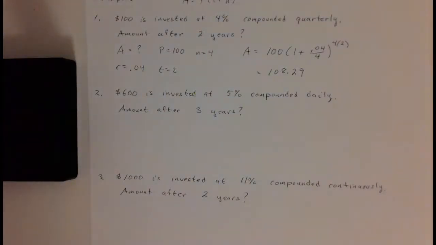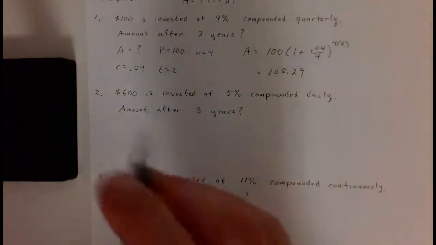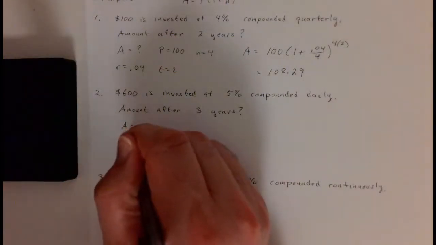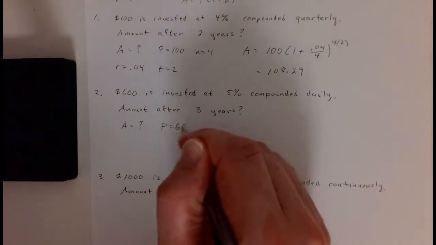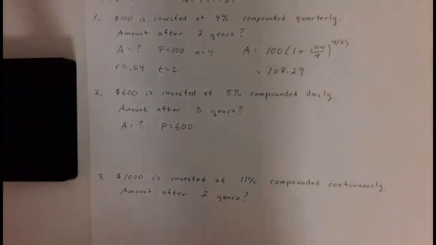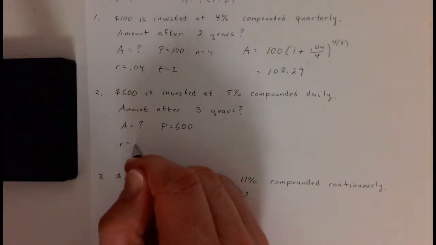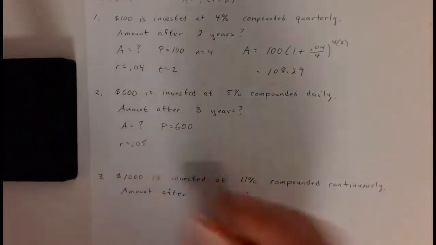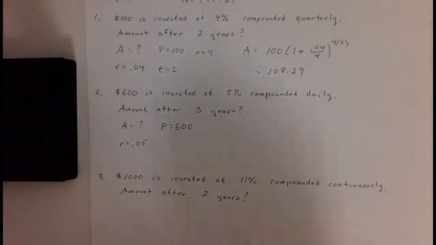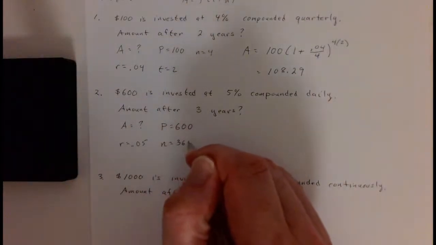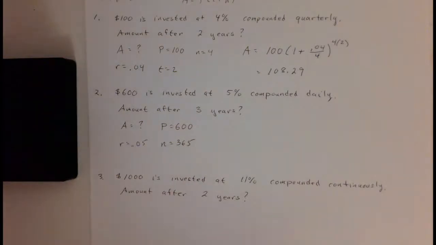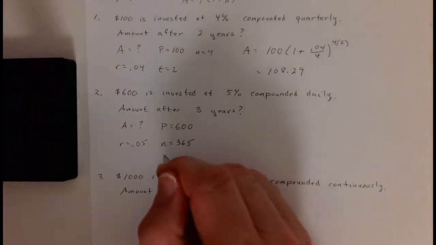We look at example number 2. Let you read that. We see again we're asked for the amount. Our principal is 600. R is 0.05. We're compounding daily, so there are 365 days in a year. And then T is 3.